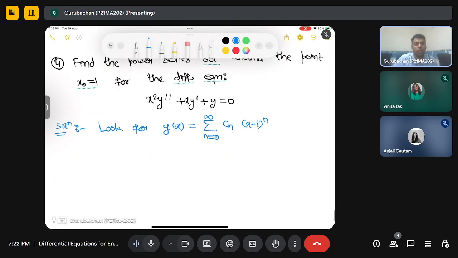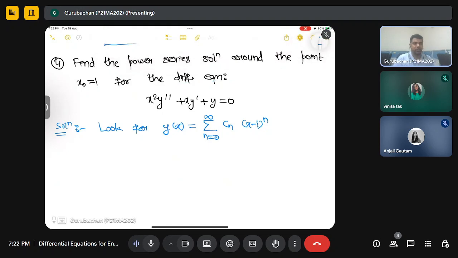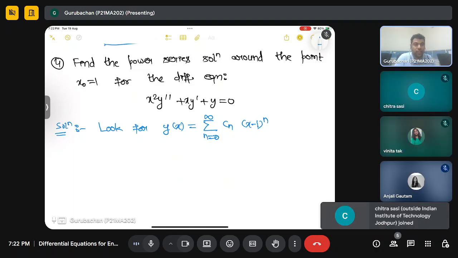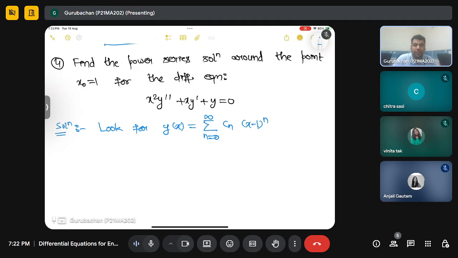We need to look around this x equal to 1, x naught equal to 1. So we have to put this value into this expression. Then we have to calculate on the behalf of this. So we need to find its derivative.